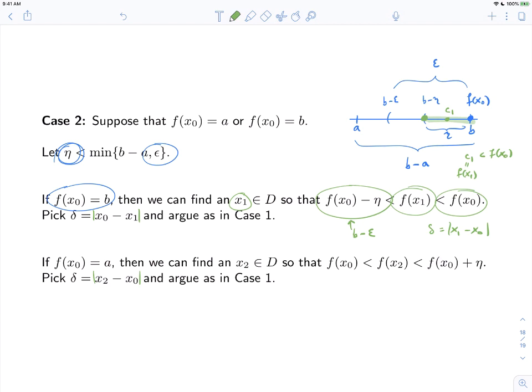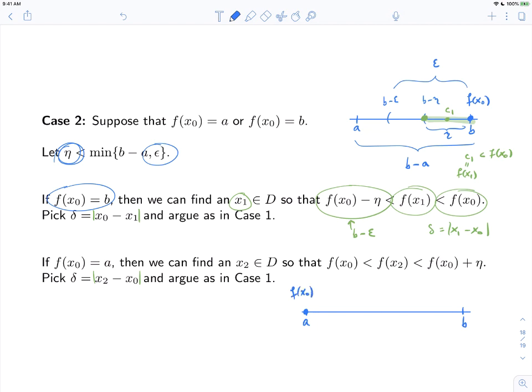And similarly, if f at x naught is equal to a, then you have the same picture, but you just start at a instead. So you have a number line here, and this is your a, and this is your b, and you just start here. So this is f at x naught.